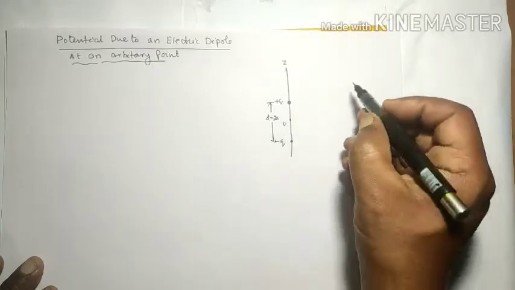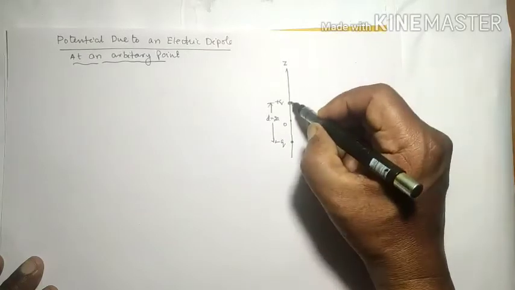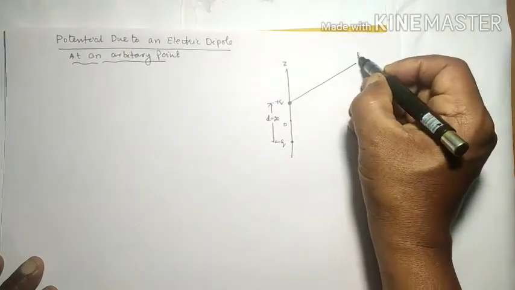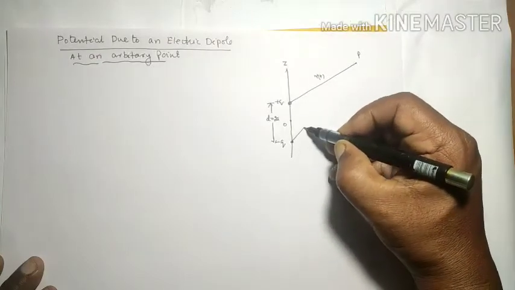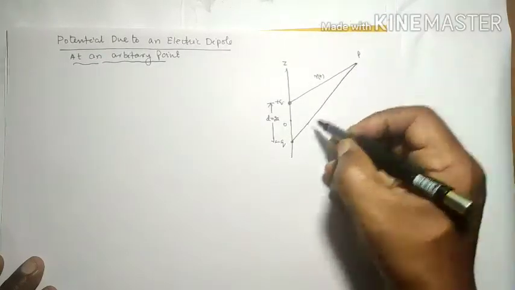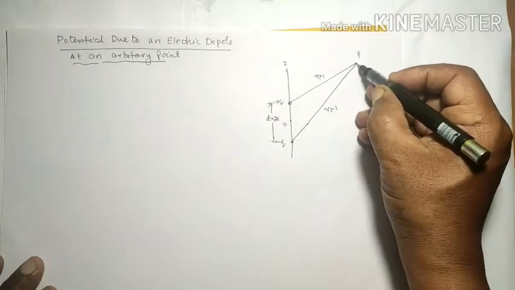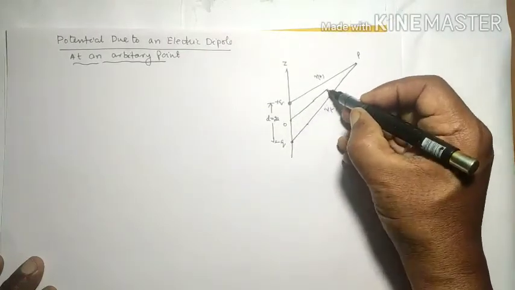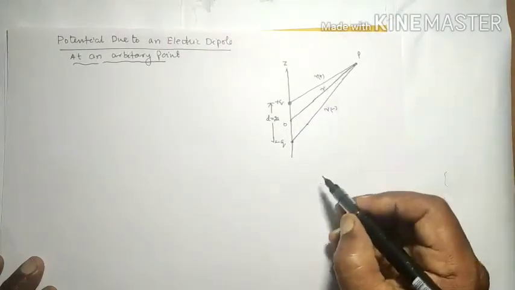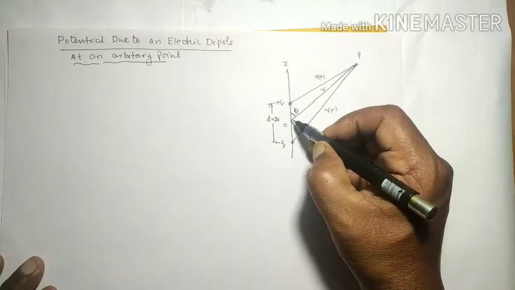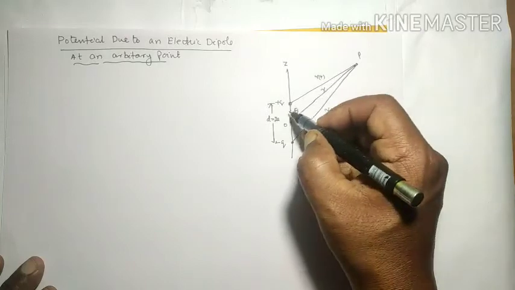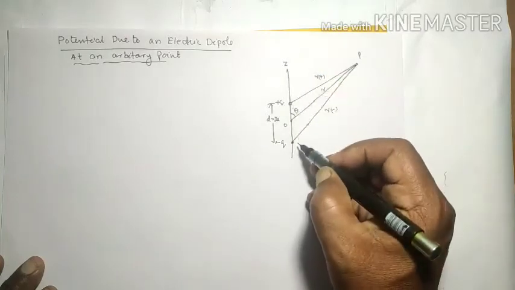Midpoint is O. Now P is an arbitrary point. Distance of P from the positive charge is r plus, and distance of P from the negative charge is r minus. Distance of point P from midpoint O is r, and this is the angle theta that is made by r with the z-axis, the dipole axis.